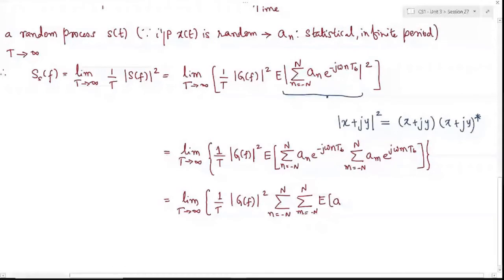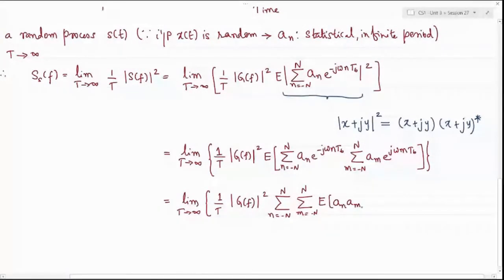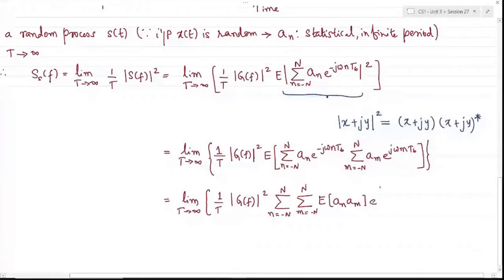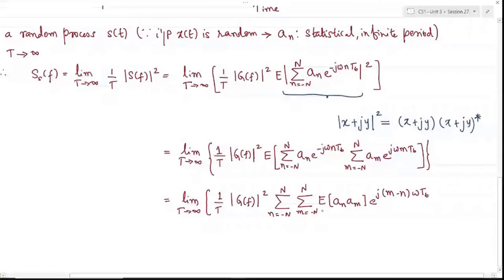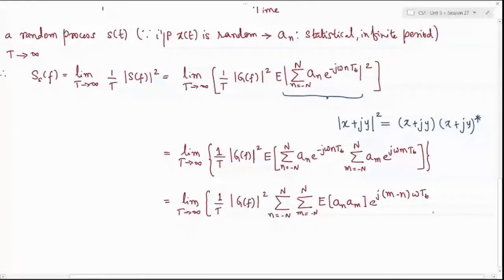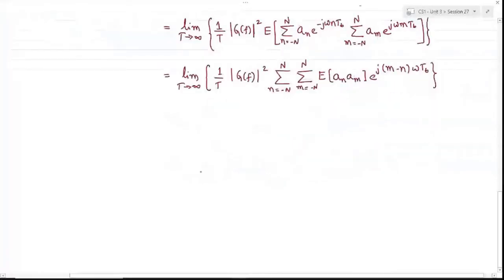I can club these exponential quantities, which is nothing but exponential of j(m minus n) omega T_b. This is a simpler form of it, and you observe that the expectation of these two random quantities is nothing but autocorrelation.